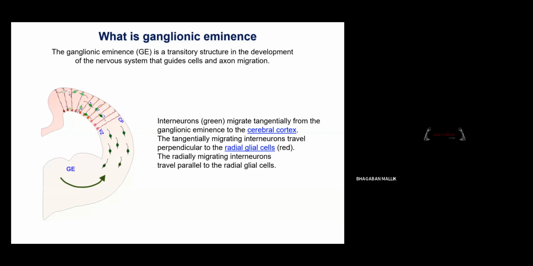They are migrating to the cortical region tangentially, perpendicular to the radial glial cells. Some cells are also migrating parallel to the radial glial cells. So this structure helps in migration of cells in the tangential direction.